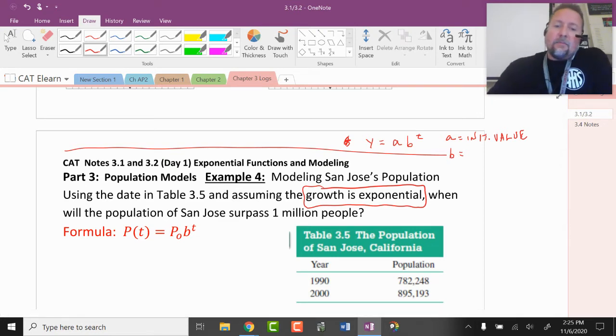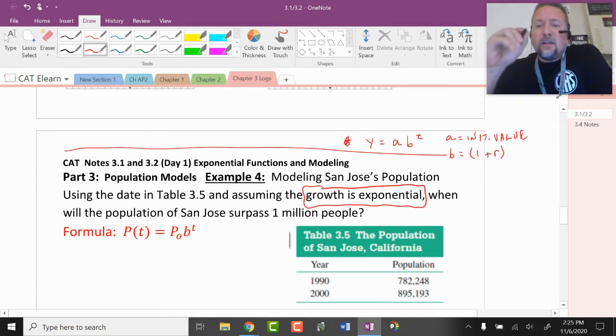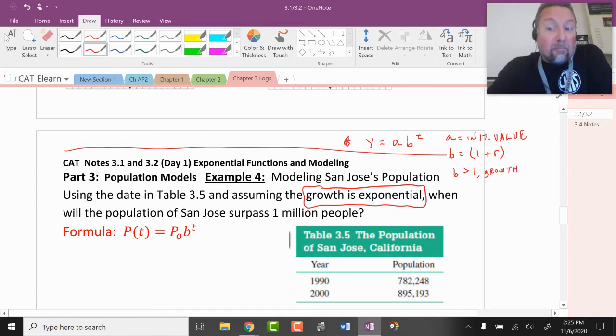B ends up equaling, well, I'm actually going to leak into 3.2 because I think that's the smartest thing, 1 plus R. So if B is greater than 1, then it's going to be a growth because when you multiply things by numbers greater than 1, they go up. And then B is less than 1.